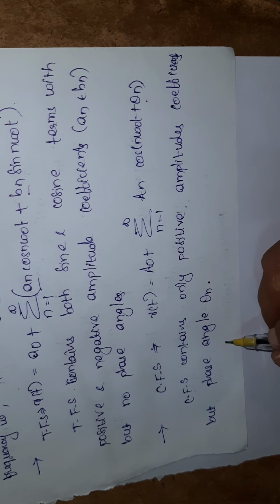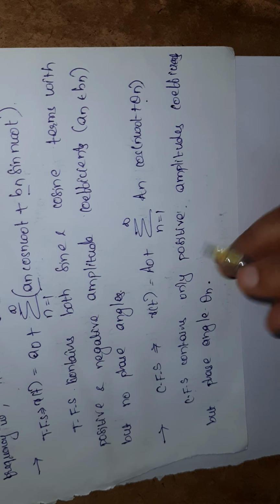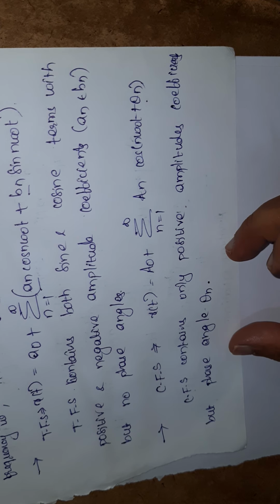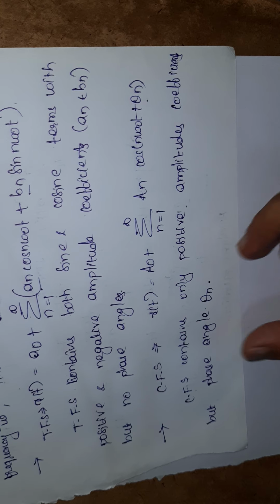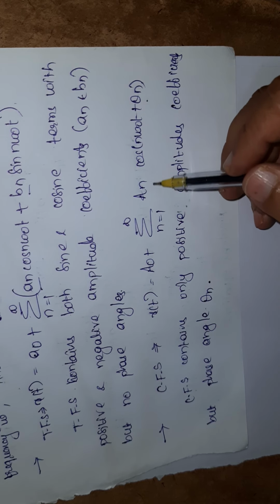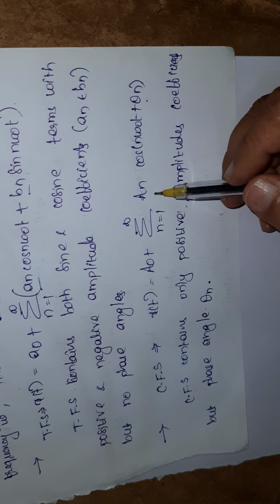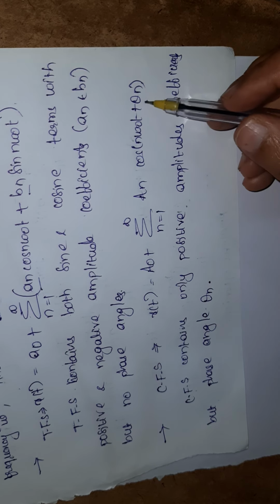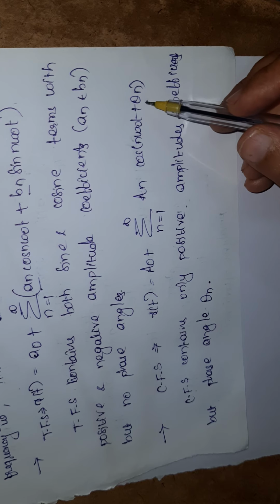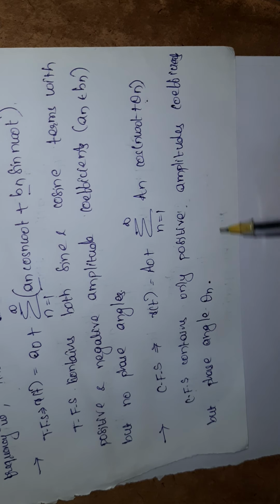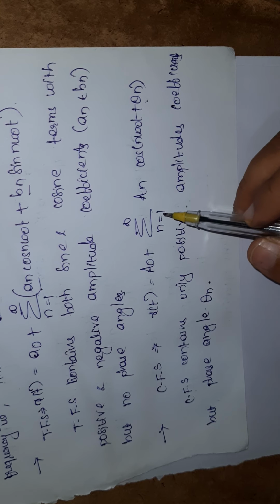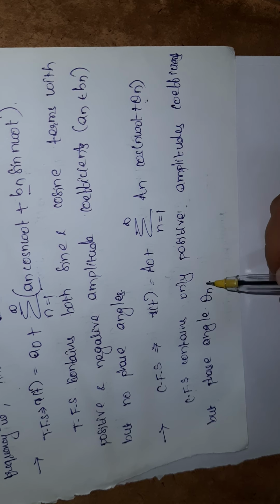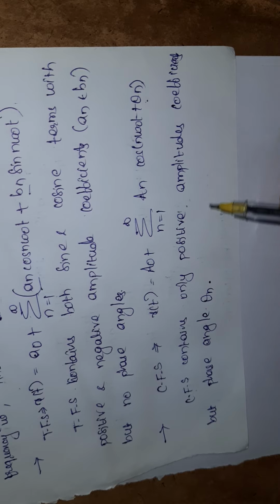Therefore, we can plot the amplitude spectra. Amplitude spectra is a plot between the amplitude of coefficient, an, versus omega, and also we can plot phase spectra, between theta n and omega. Since in this representation Fourier coefficients exist only for positive frequencies, the spectra is called single sided spectra.